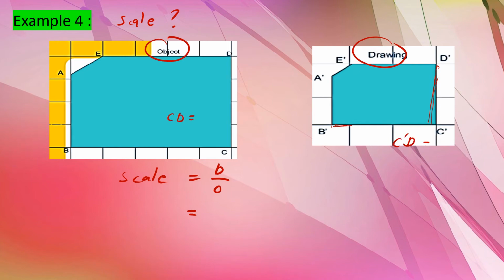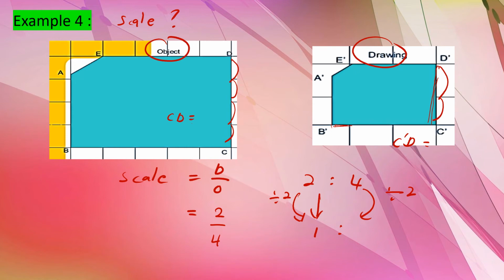For the drawing, how many boxes? 1, 2. Right, 2 here. And the object, how many boxes for CD? 1, 2, 3, 4. It's 4. So 2 over 4. Change to ratio 1. The first one must be 1. So 2 to become 1, divide by 2. This side also divides by 2. So 4 divided by 2 is 2. So your scale is 1 is to 2. That's your answer.